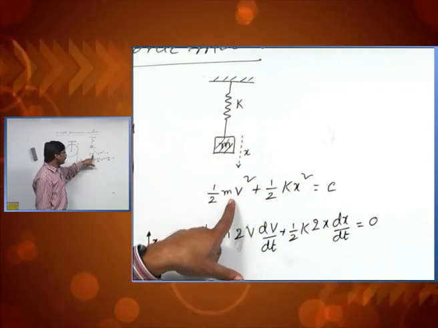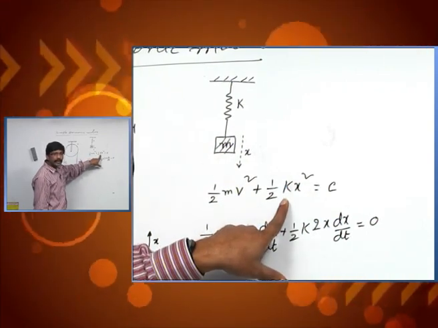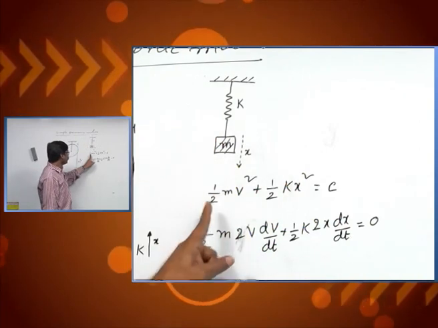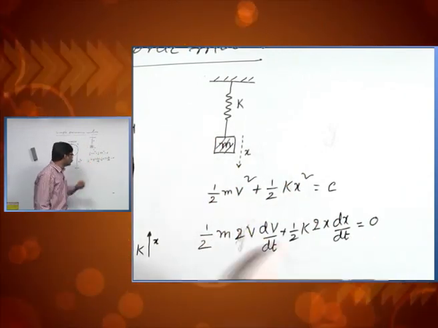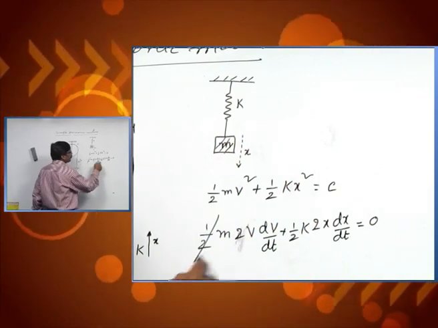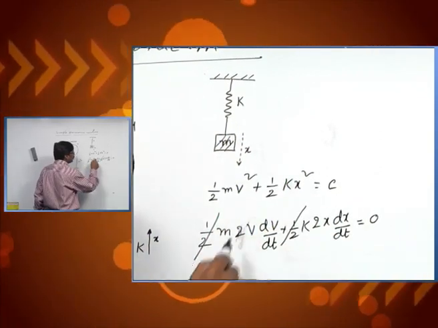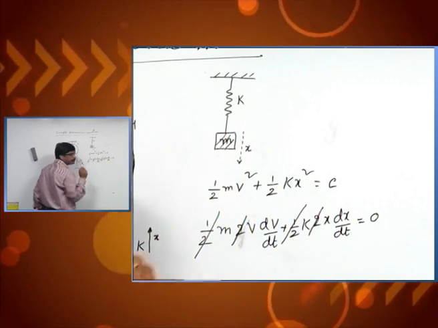Anyhow half is common, gets cancelled, 2 also gets cancelled.